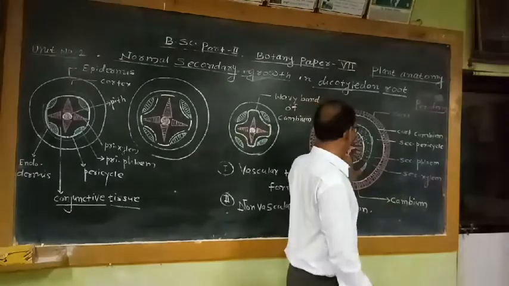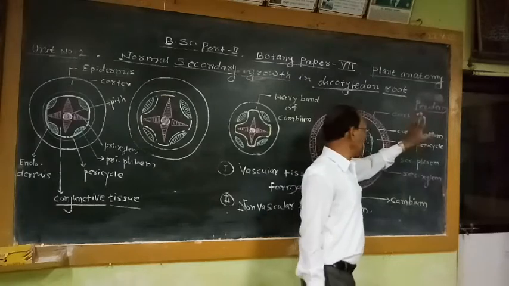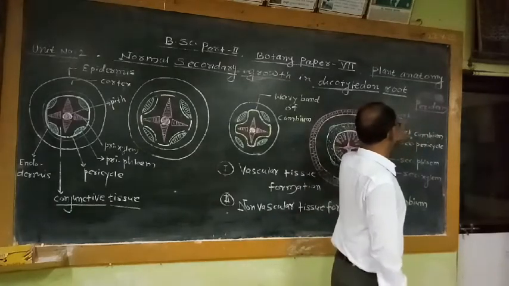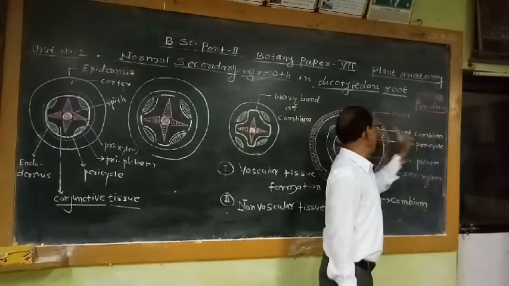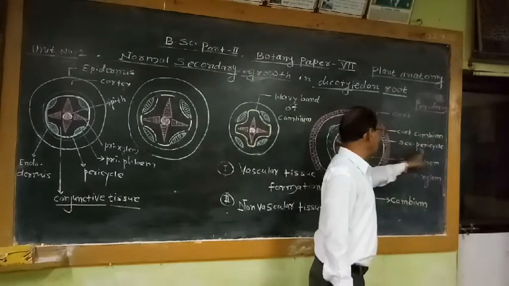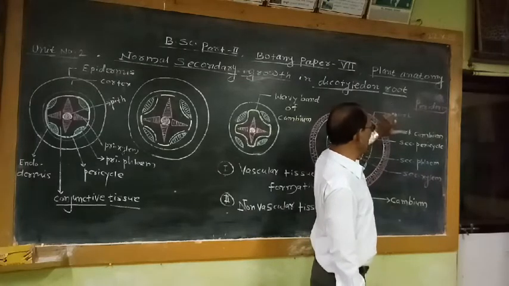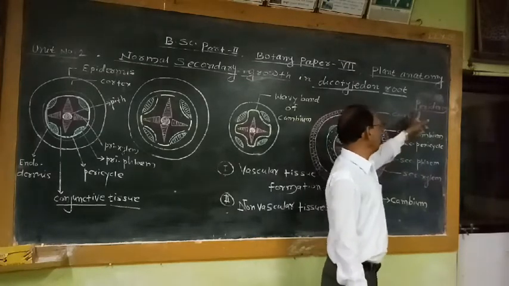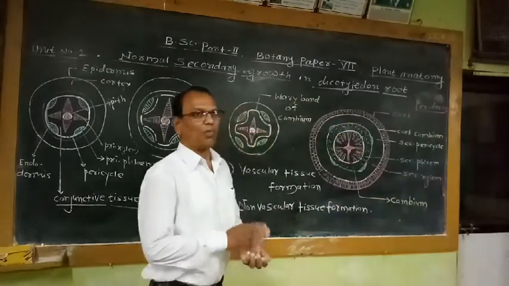At that time, the pericycle cells become secondarily meristematic and give rise to cork cambium. This cork cambium produces cork cells at the outer side, and secondary parenchyma cells or secondary pericycle cells at the inner side, and these three zones of cells produced by this cork cambium constitute the periderm. This is nothing but the non-vascular tissue formation.